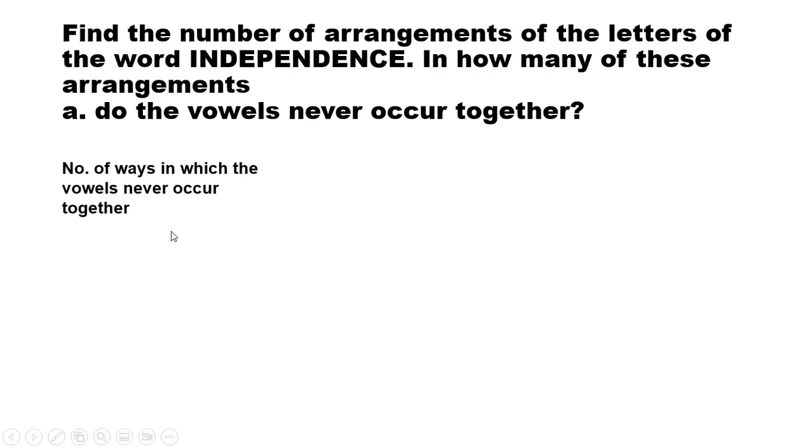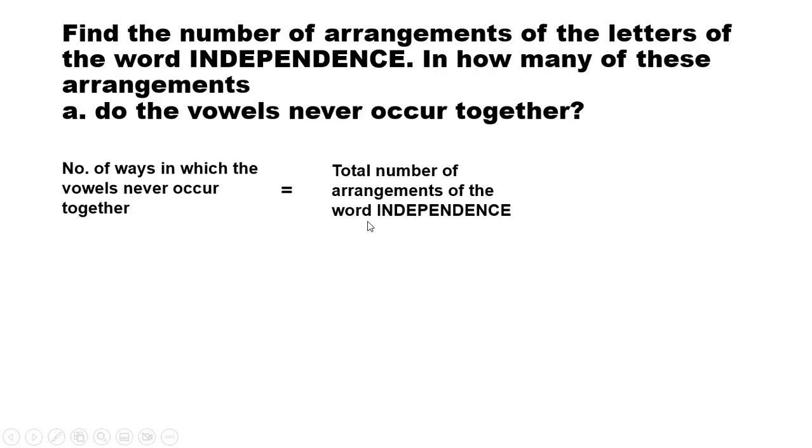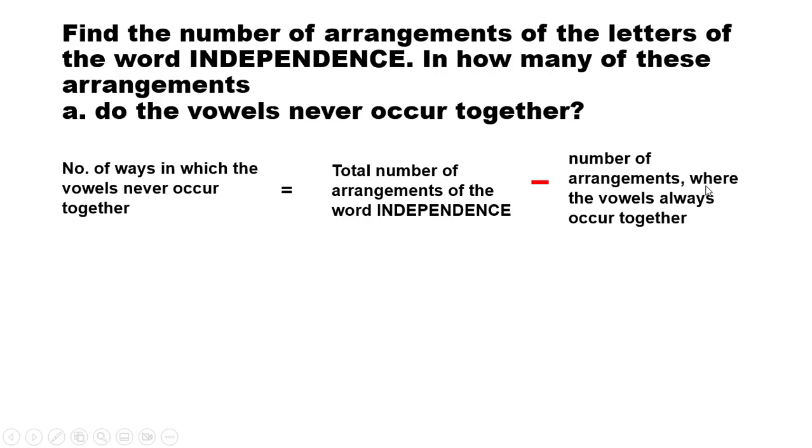There is no straightforward way, so we have to actually take up the total number of arrangements of the word independence. This is the master set. It includes all the possible permutations in the arrangements of independence word, and then from that you have to minus off the number of arrangements where the vowels always occur together. In the previous problem we have solved this, how to find the number of arrangements where the vowels always occur together is done there.